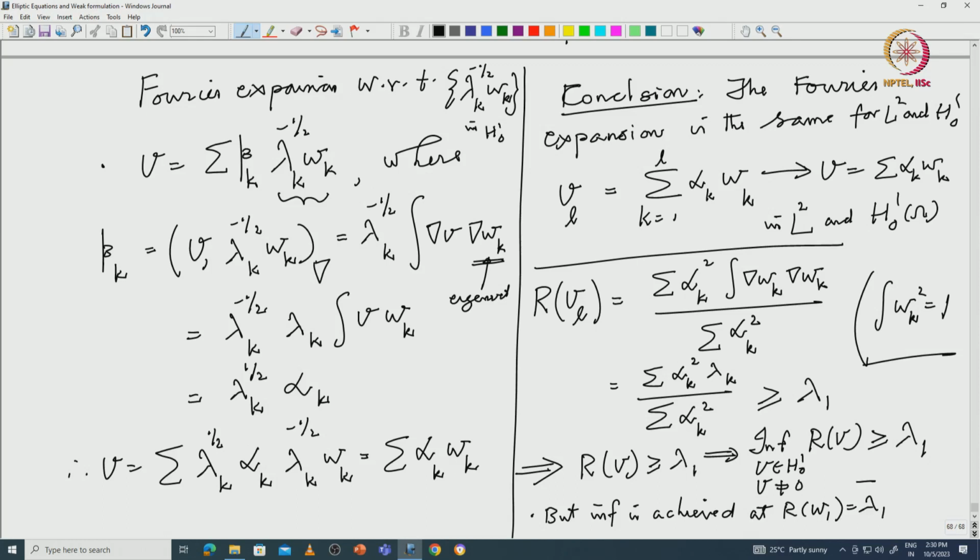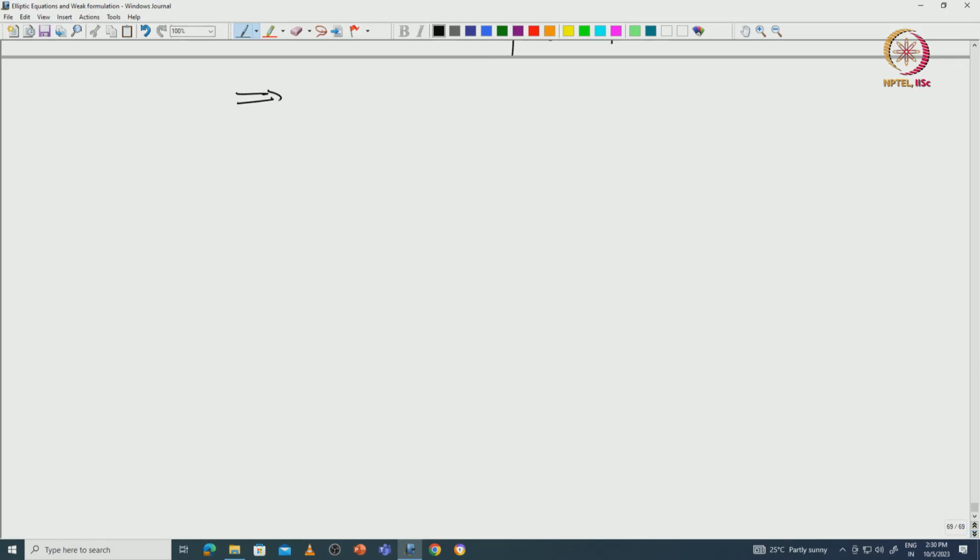So this implies this inequality. So that implies the first characterization: lambda 1 is equal to the minimum of your Rayleigh quotient, so lambda 1 is achieved at the minimum of that, V in H1 naught, V not equal to 0.